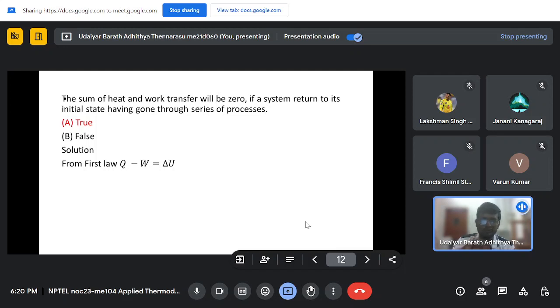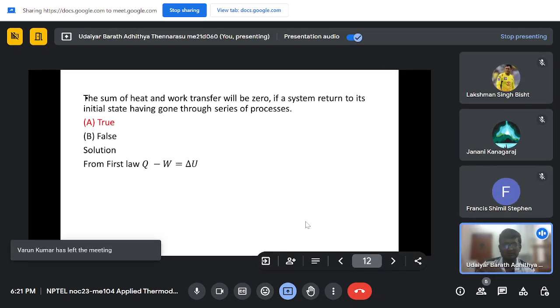It has to be a property of the system, like internal energy or enthalpy or entropy. You should not confuse entropy of the system with entropy generation, that will be different. The change in a property of the system will remain zero if it goes through a cycle and reaches its initial state at the end of the process.